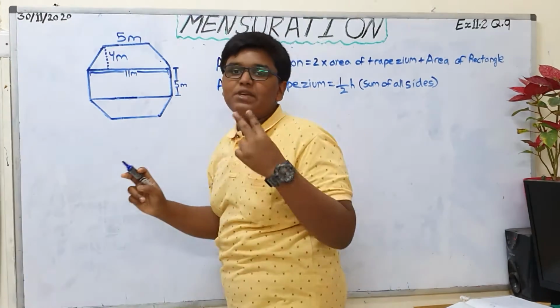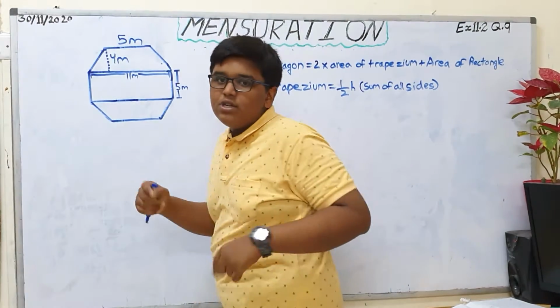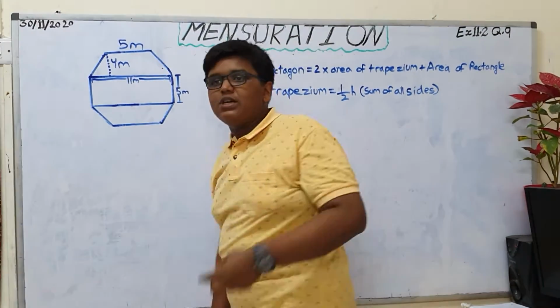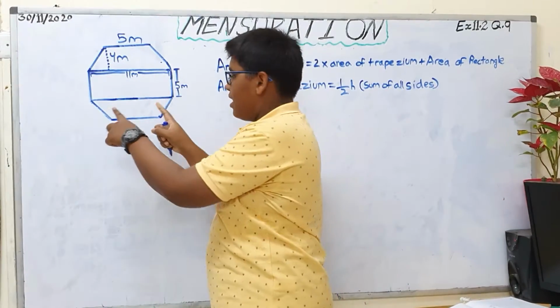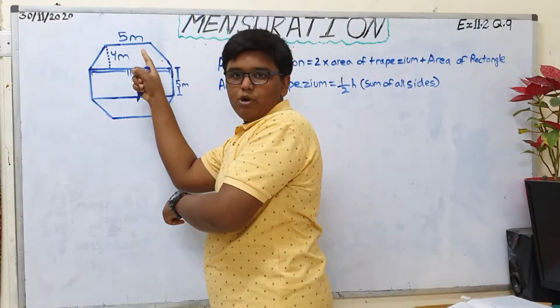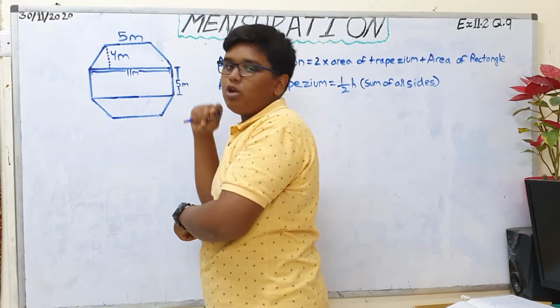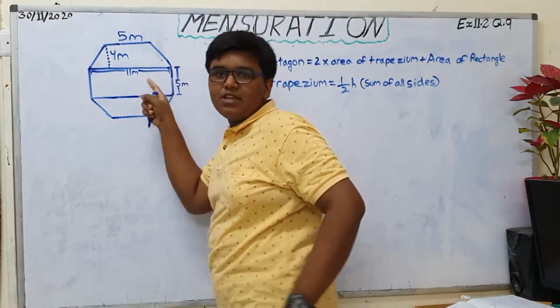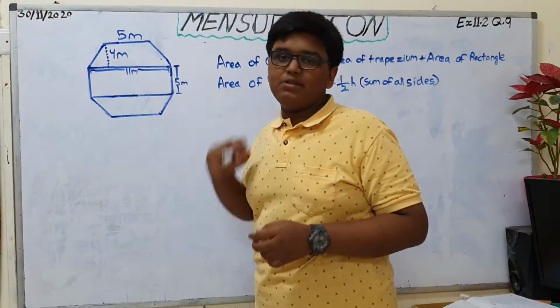So we have two trapeziums in one octagon, and this is a rectangle, as I told you. So we have three shapes here: one trapezium here on the top and one trapezium here on the bottom. Then in the middle we have a rectangle, which has the length of 11 meters.